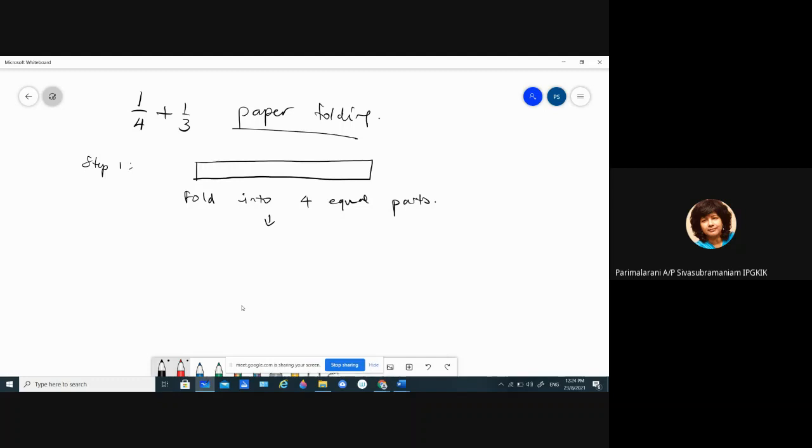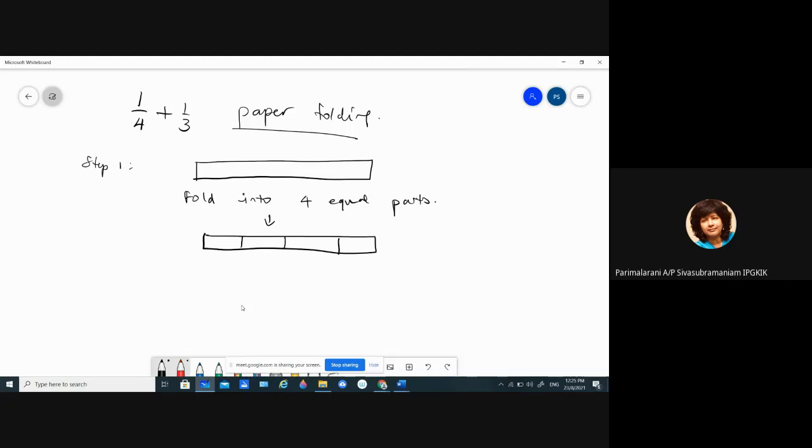I hope you're doing this, because when you do, you can actually see it for yourself. So fold into 4 equal parts. Now what do we want them to do? We want to represent 1/4.